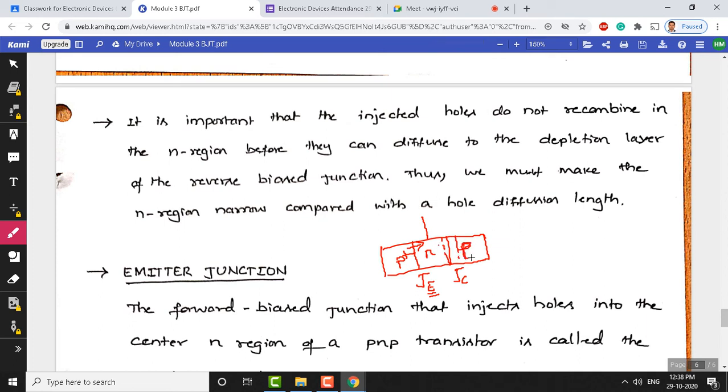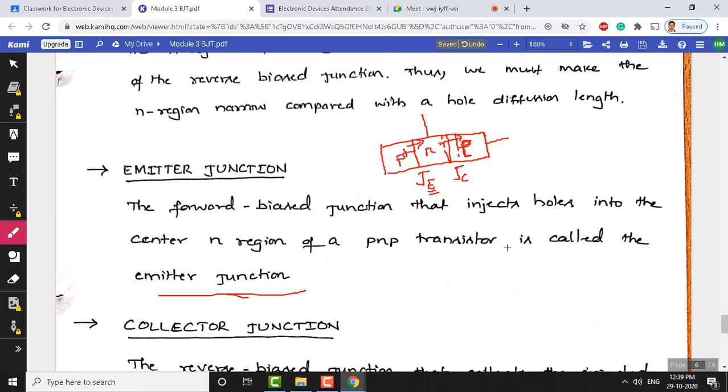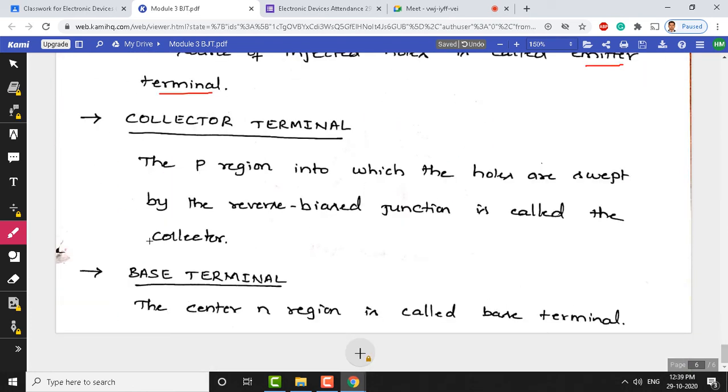Because the depletion region has a strong electric field, being reverse biased, all the holes injected from the emitter are swept through this electric field. The terminal attached here, which collects the holes injected from the emitter by sweeping them within the depletion region of the collector, is called the collector terminal.